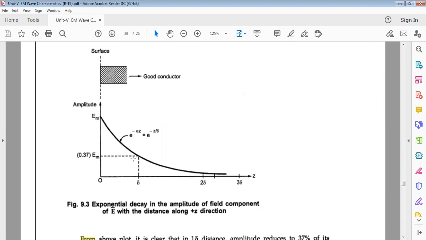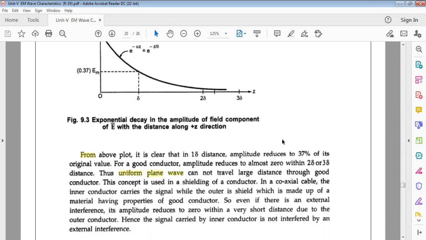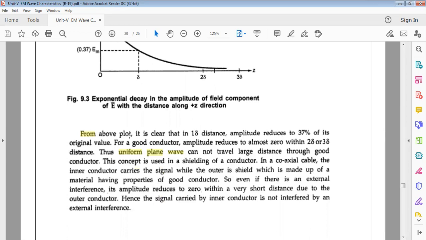After traveling the depth of penetration, it reduces its amplitude to 0.37, nothing but 37% of its original value, and it still goes on decreasing when it travels more than that distance, exponentially decaying the amplitude of the field component of E bar with distance along the positive z direction.